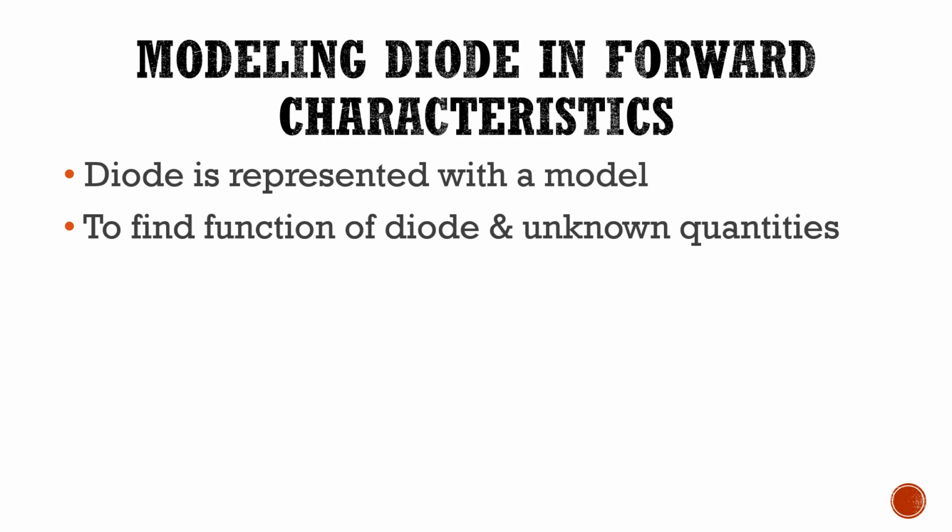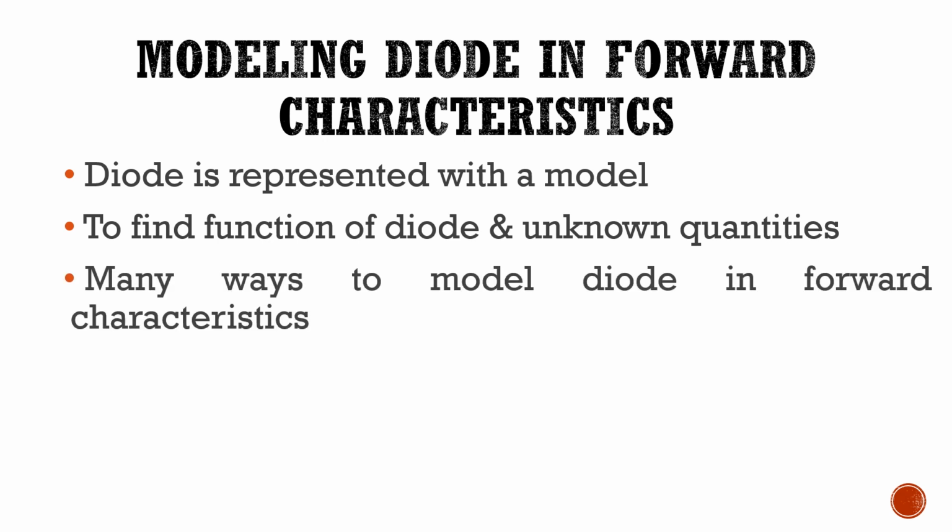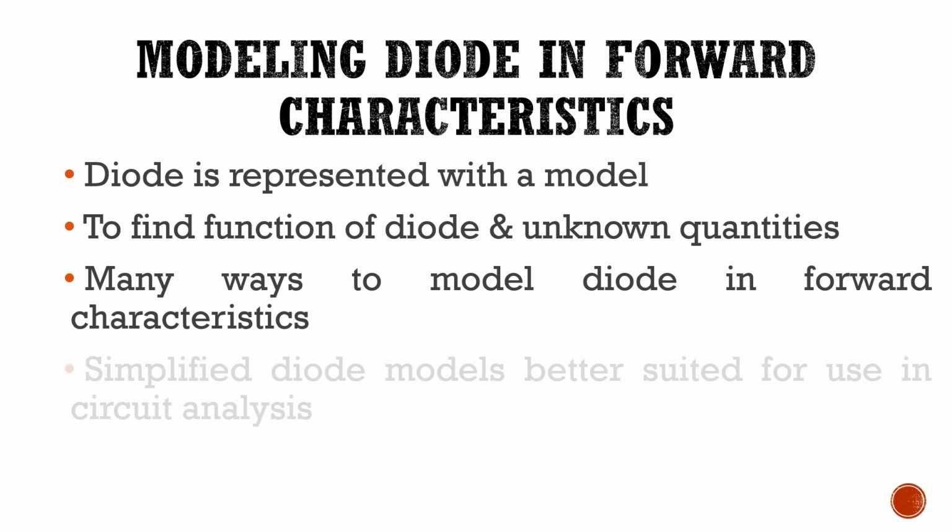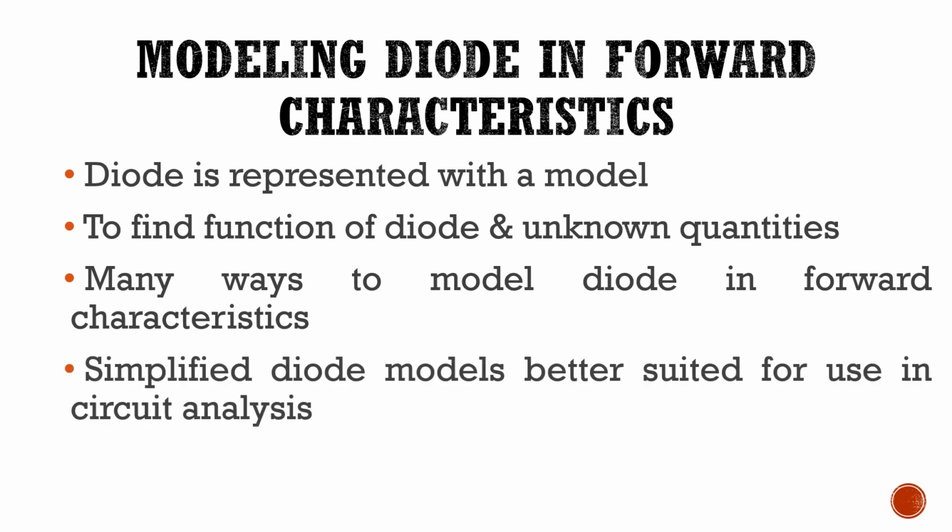There are many ways to model the diode in forward characteristics. Here we will discuss simplified diode models that are better suited for use in circuit analysis and design of diode circuits.